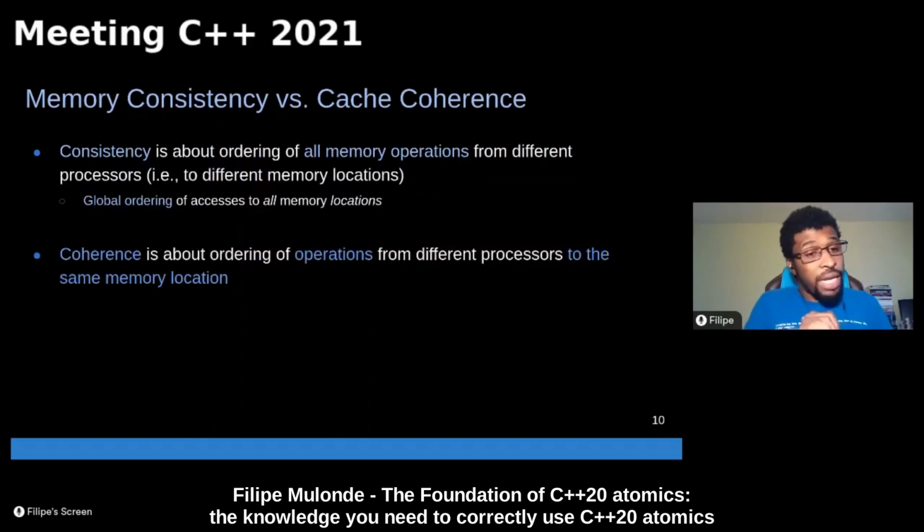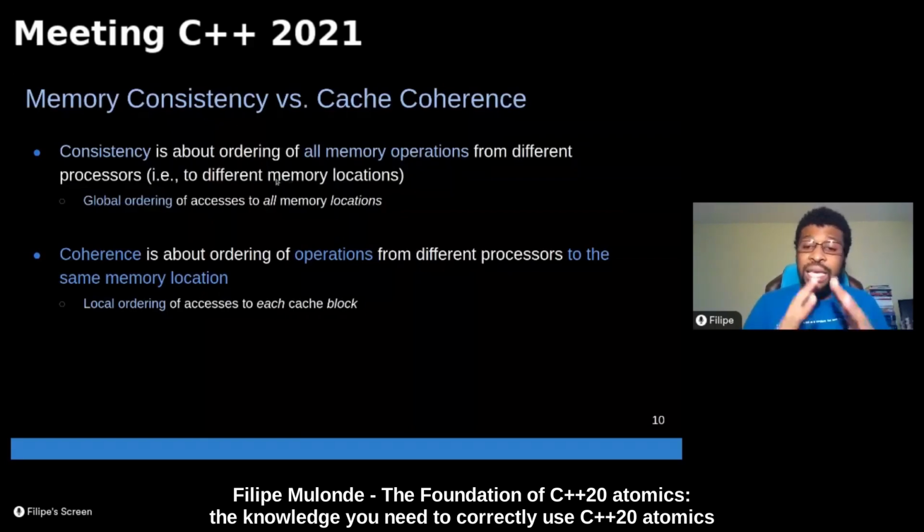And coherence is about ordering of operation from different processors to the same memory location, a local ordering of access to each cache block. So with consistency, we care about the order of operation on all memory locations. But with coherence, we only care about the order of operation on a particular singular memory location. So that's the difference between coherence and consistency.